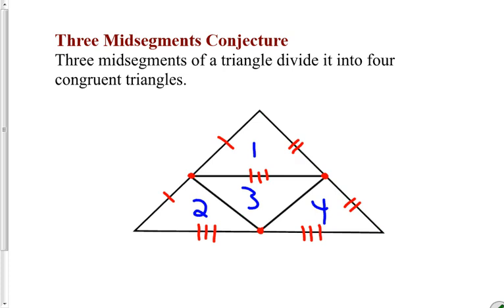Therefore, that midsegment is congruent to those two segments. And then finally, this midsegment is going to be half the length of this base. Therefore, it is congruent to those two segments. So we could easily prove that these four triangles are congruent by side, side, side.